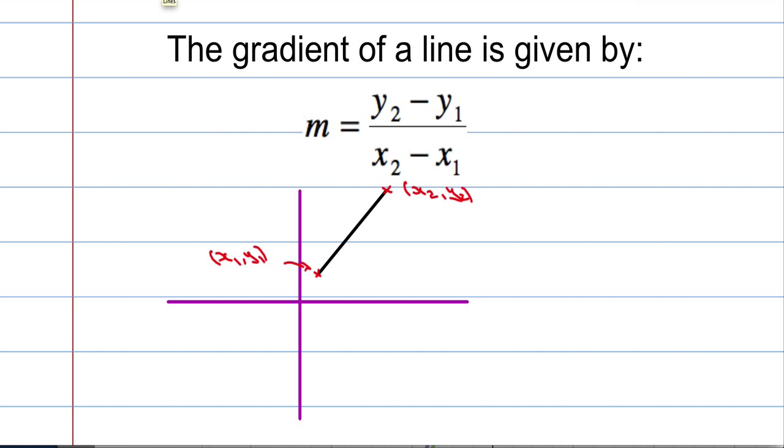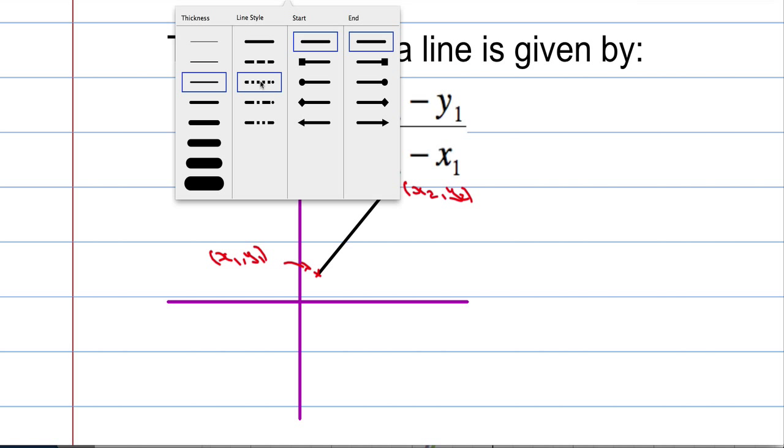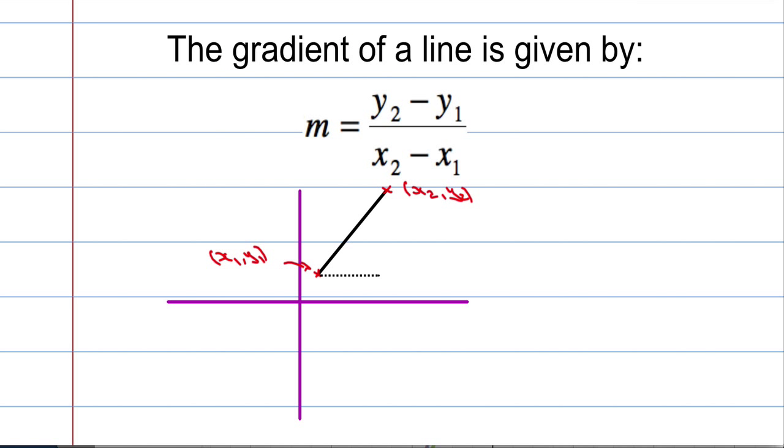Well, if we remember, it's the change in y over the change in x. So let's just see where this formula is coming from. We get a dashed line, a wee bit smaller. Okay, so the gradient of the line is the change in y over the change in x. So the first thing I'm looking at is the change in y.